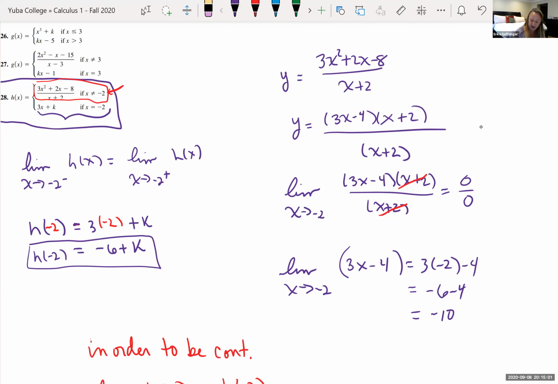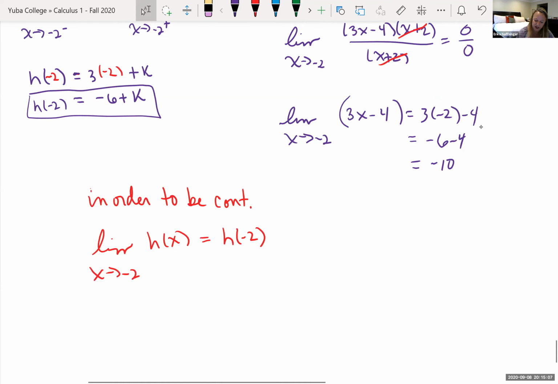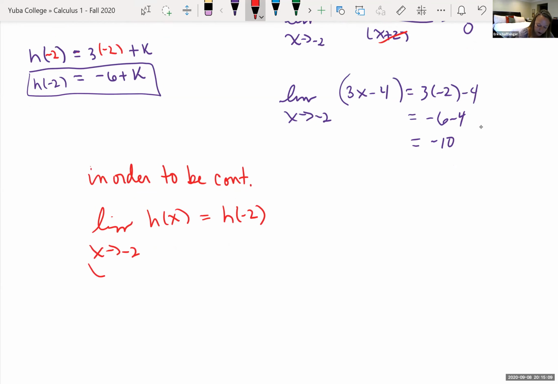And to be continuous, the limit has to exist, which we just showed, and it has to be equal to h of -2. So we know that this piece right here, which we found to be -10, has to equal this -6 plus k. So we can add 6 to both sides.